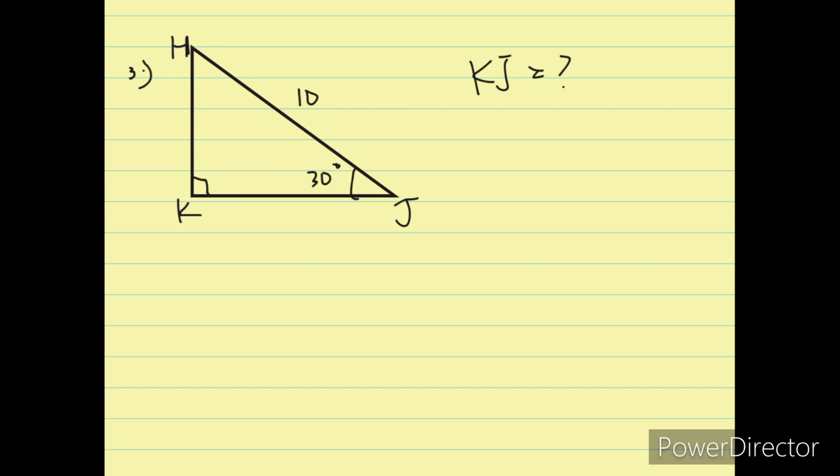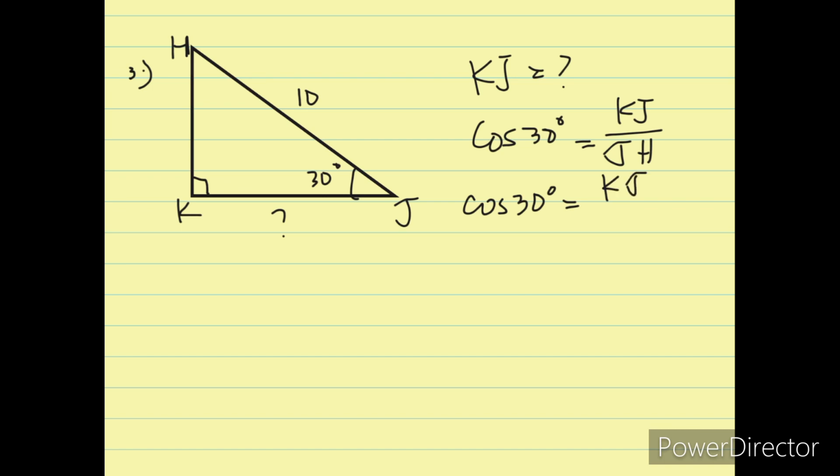Since we are looking for the opposite or the adjacent of the 30 degree, cosine 30 degree is equal to KJ over JH. So cosine of 30 degree is equal to our KJ over our JH, which is 10. Then we are looking for the length of this.